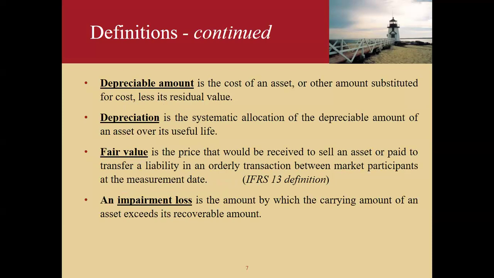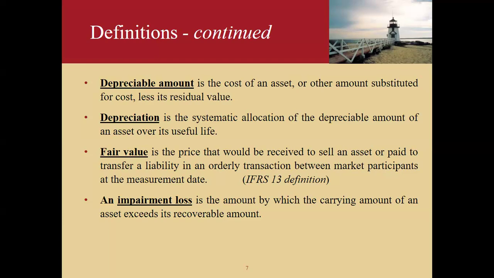Then depreciable amount is the cost of an asset or other amount substituted for cost less its residual value. So the residual value is basically the value that remains of the asset.